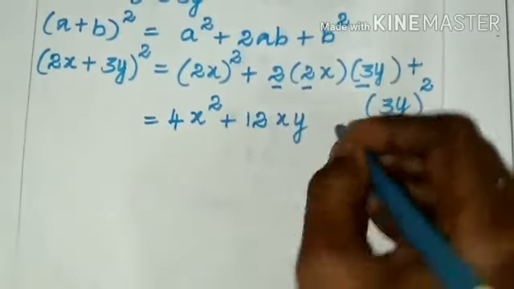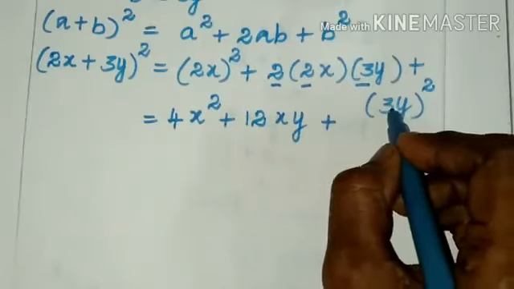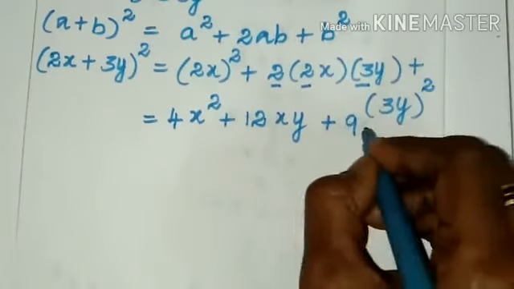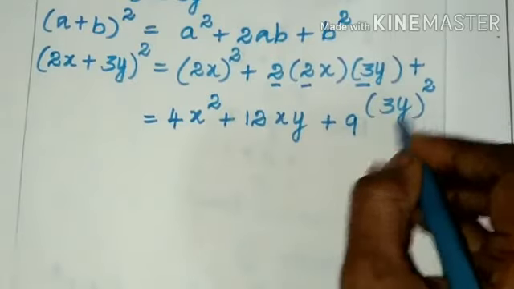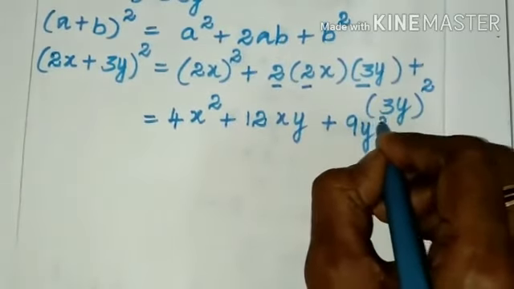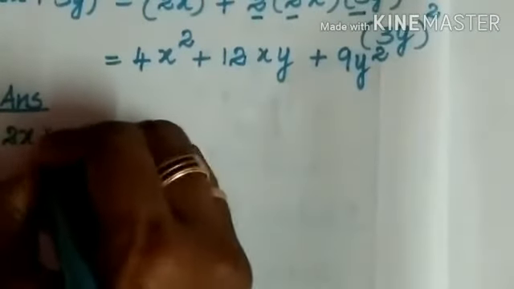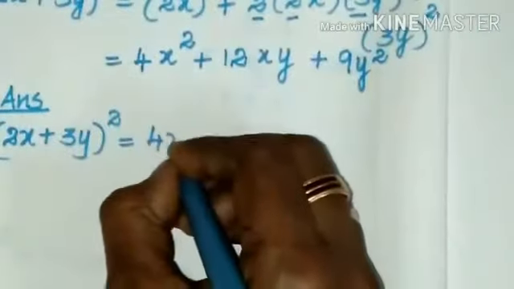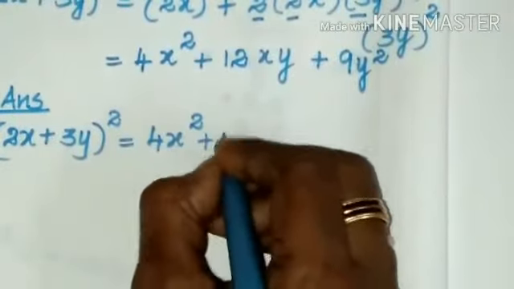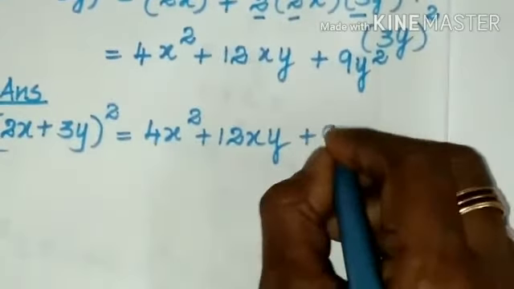So 12xy plus, 3 square, that is 3 into 3, 9. Then we have to multiply the variable y into y. So y square. Therefore the answer is 2x plus 3y the whole square is equal to 4x square plus 12xy plus 9y square.